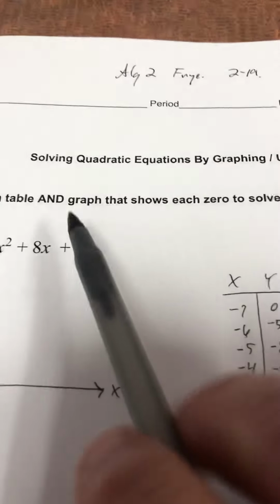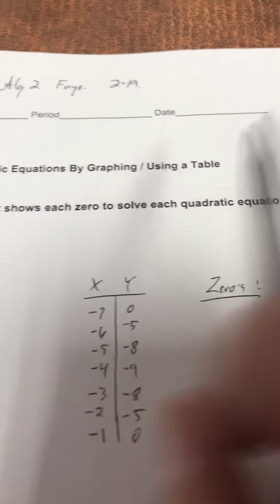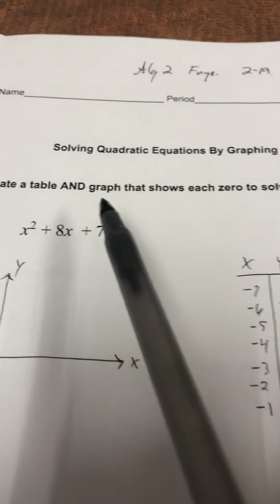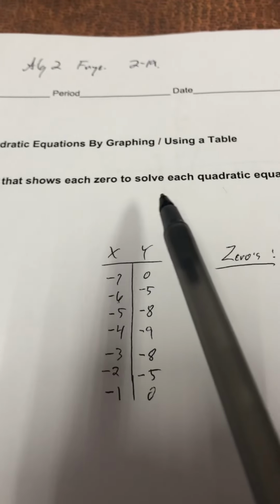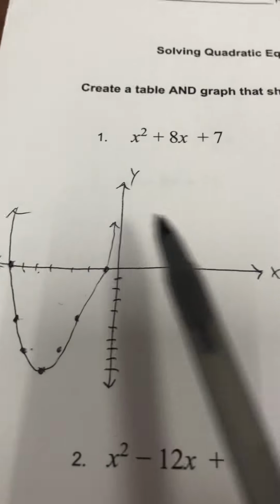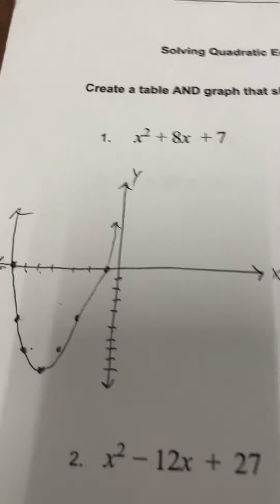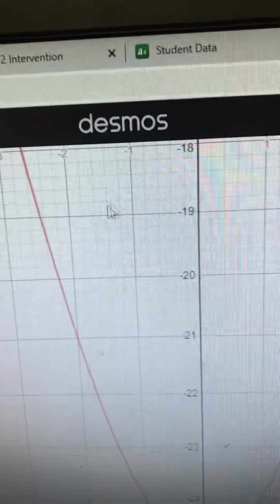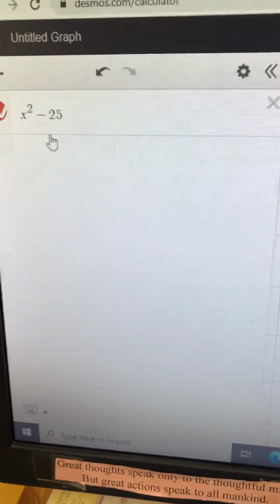So here we go. Solving quadratic equations by graphing using a table. Create a table and graph that show each zero to solve the quadratic equation. You could plug this into Desmos, the graphing calculator. All of you that are at home, Desmos. Just plug in the problem.